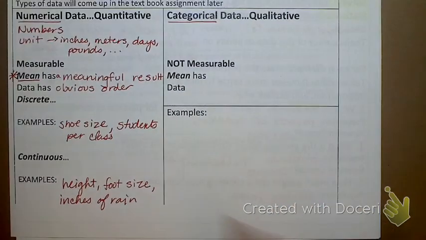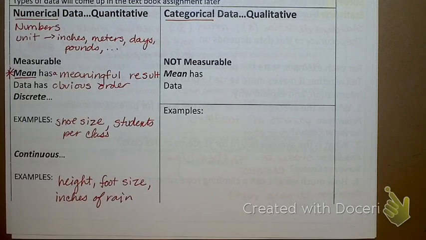We also have categorical data, or qualitative data, because not every survey, or every census for that matter, is asking for numbers. Sometimes a survey could be asking for your favorite color, in which case numbers don't really play a part, do they? Not as much.